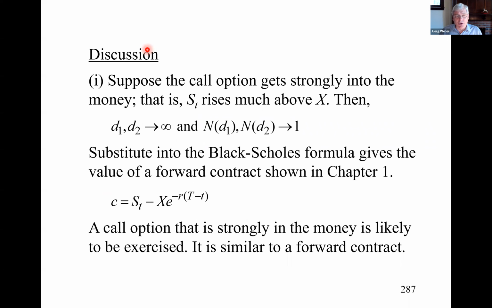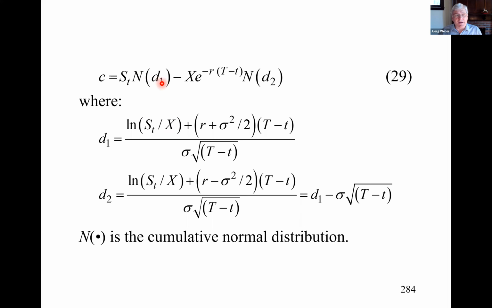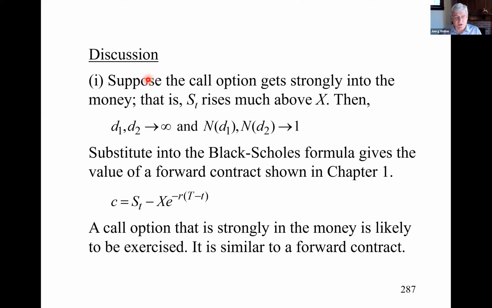So what you do, you can plug in 1 here, and you plug in 1 here. If it's strongly in the money, put in 1 here, and then the formula becomes easier. If you put in 1 and 1, what you have now is the formula of the value of a forward contract, which I gave you in chapter 1.